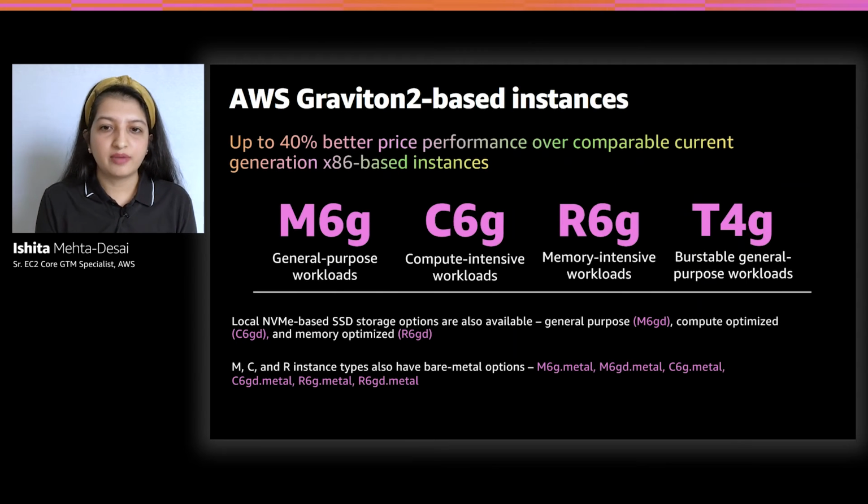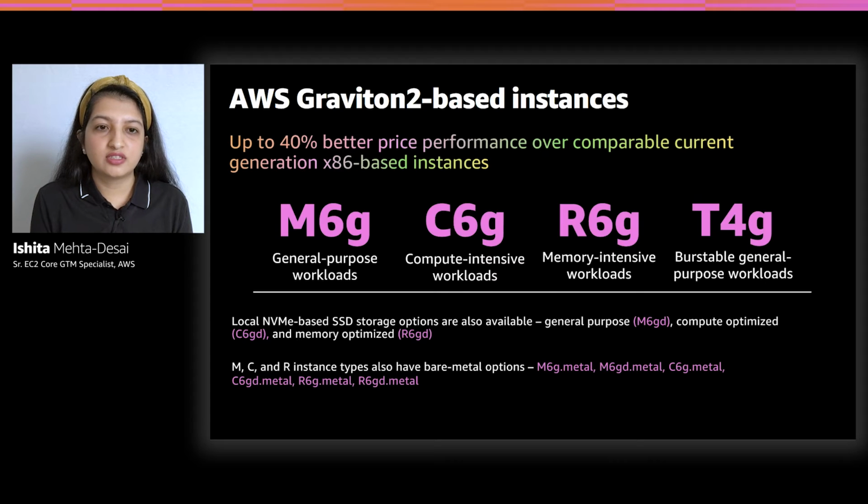Now, the AWS Graviton 2 processor is offered in 4 new instance types, which are the M6G, C6G, R6G, and T4G. And they all deliver up to 40% better price performance over comparable current generation x86-based instances.